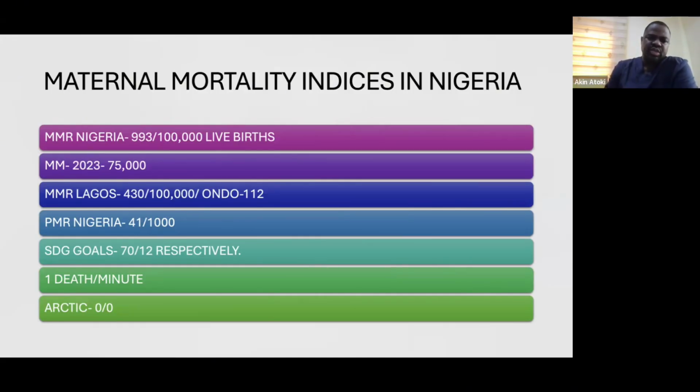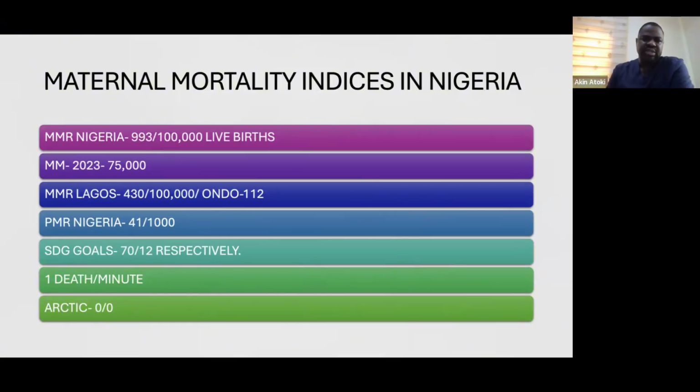Certain countries like Finland, for instance, have levels as low as one or two per 100,000 live births. So if you're looking at countries with the best maternal mortality ratio records, then Finland, even Spain, are countries with the best records, even better than the United States of America, for instance.